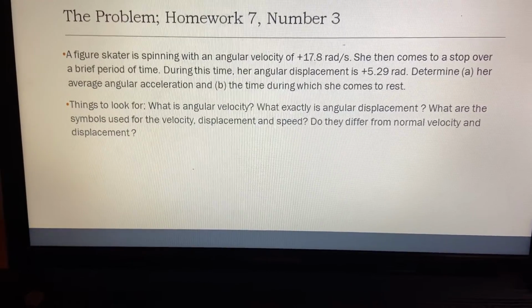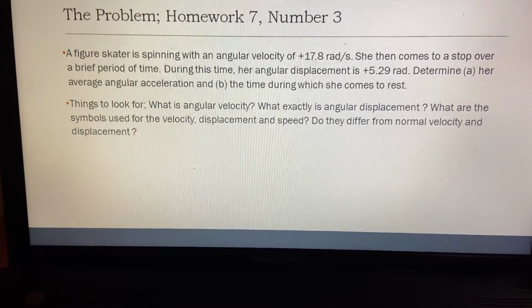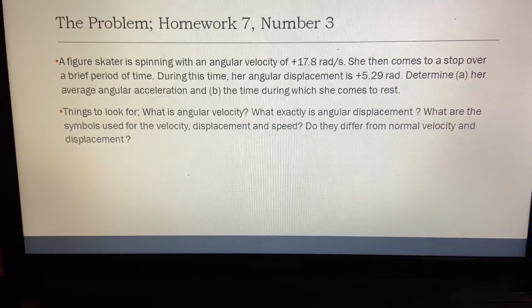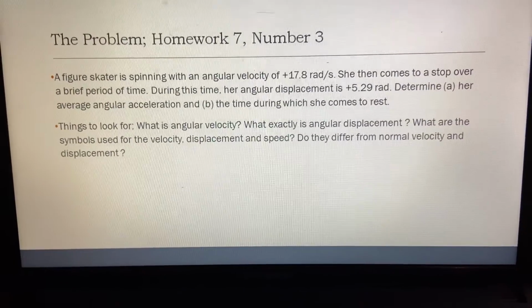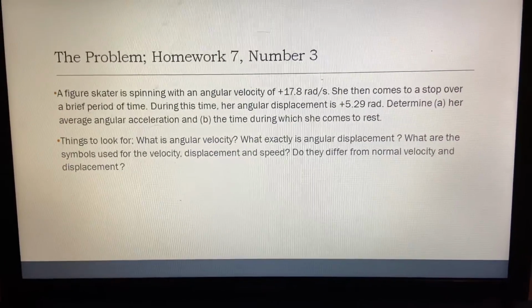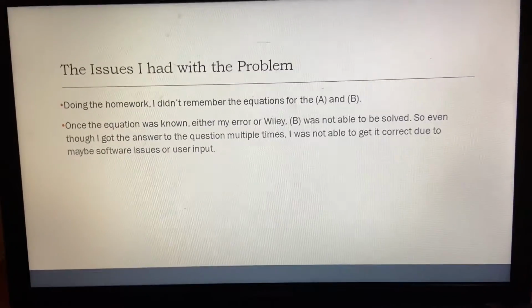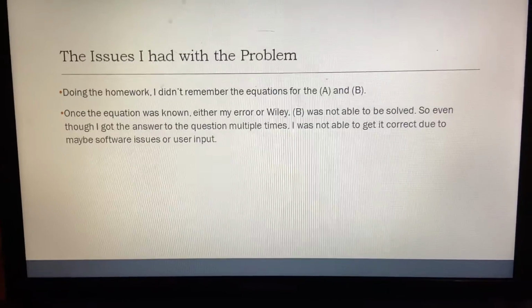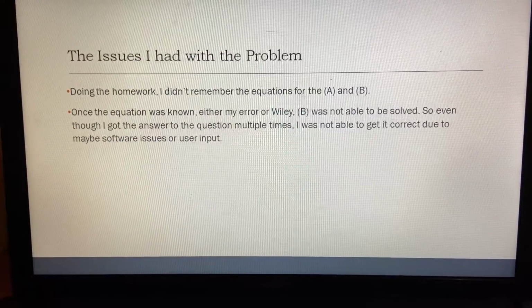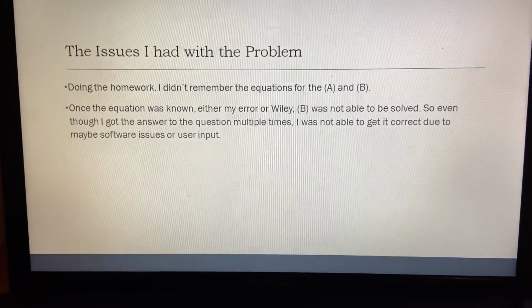And we're also going to talk about how they differ from normal velocity and displacement, because they do use different symbols, which could confuse students if they aren't aware of the difference. So, we'll cover the points that I had, some hang-ups that I had.